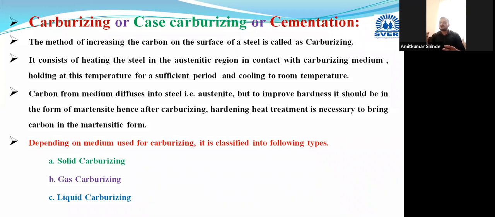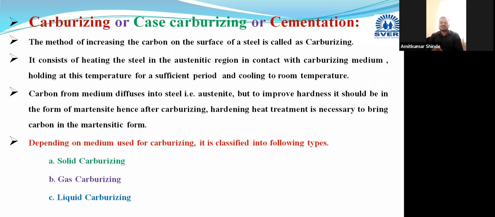So that we get austenite, and the carbon from the carburizing medium gets dissolved in that austenite. Why are we using the austenitic region only? Because carbon has the highest solubility in the austenite phase. Hence we have selected the austenitic zone for heating.